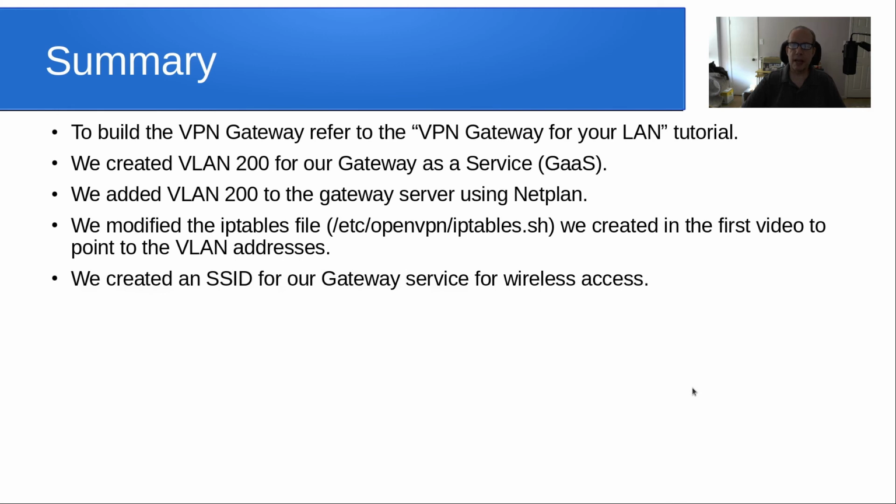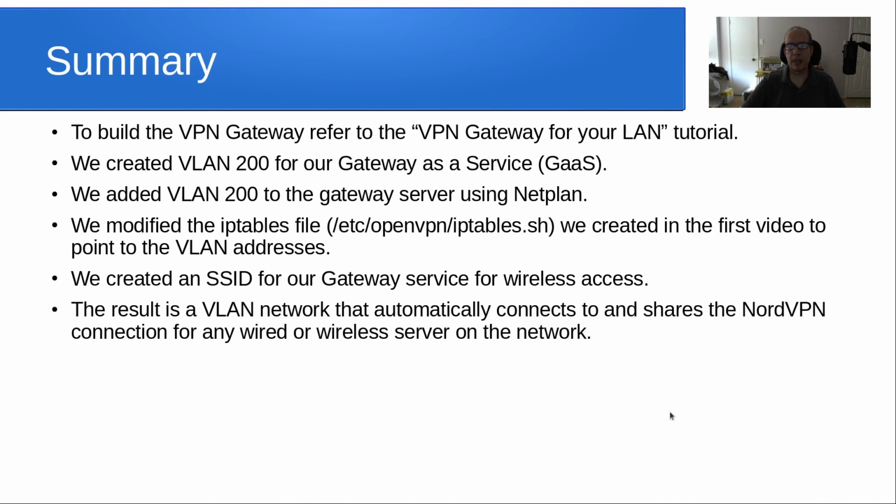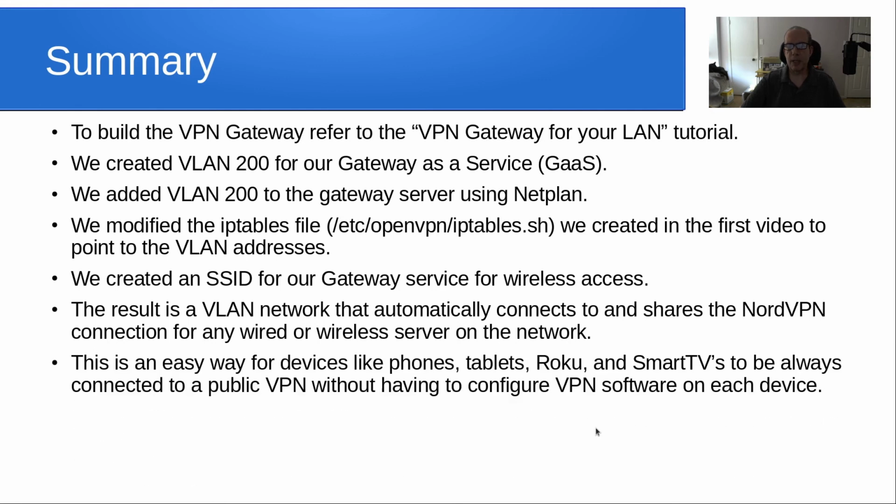And we created an SSID for our gateway service for wireless access. The result is a VLAN network that automatically connects to and shares a NordVPN connection for any wired or wireless server on the network. This is an easy way for devices like phones, tablets, Rokus, and smart TVs to always be connected to a public VPN without having to configure VPN software on each individual device.